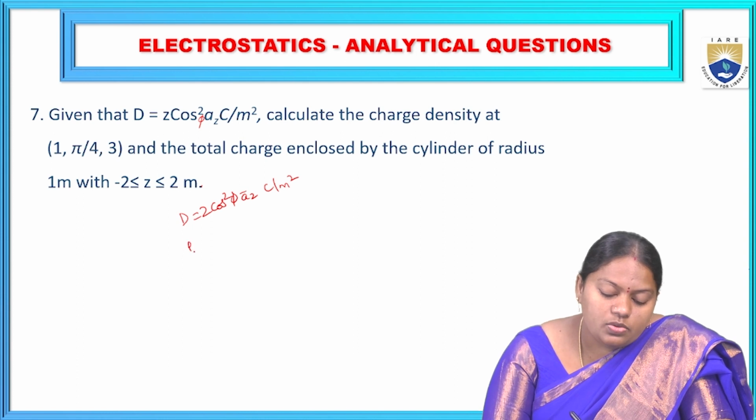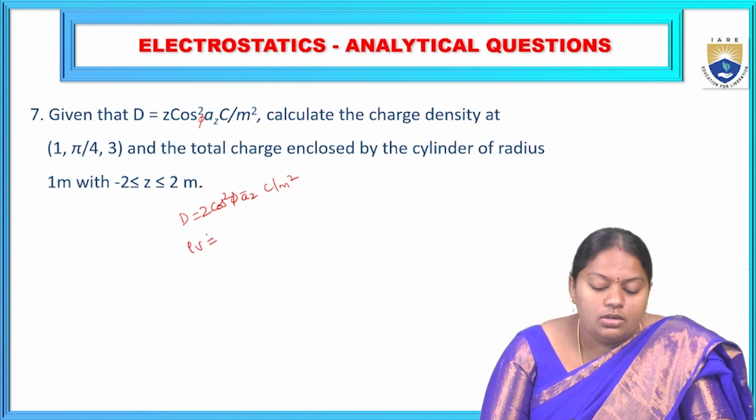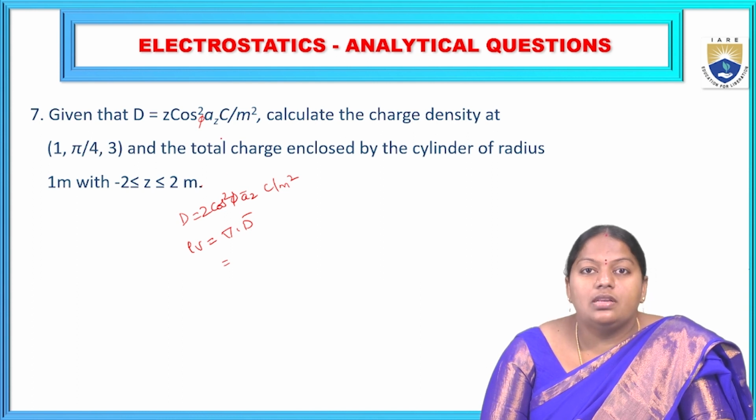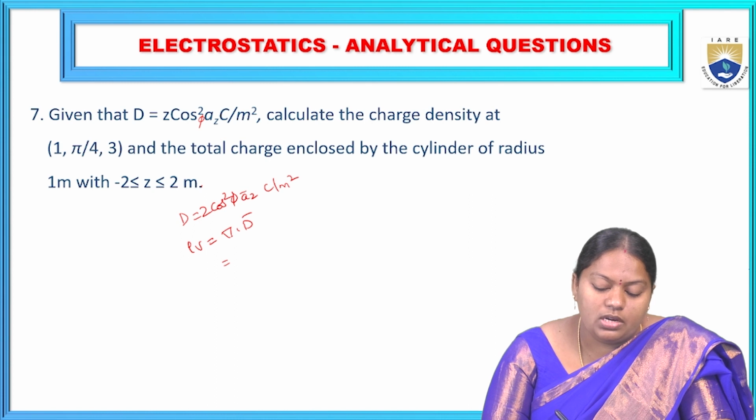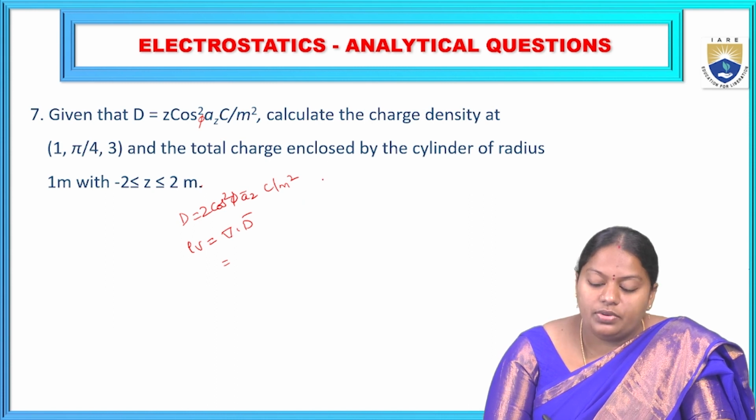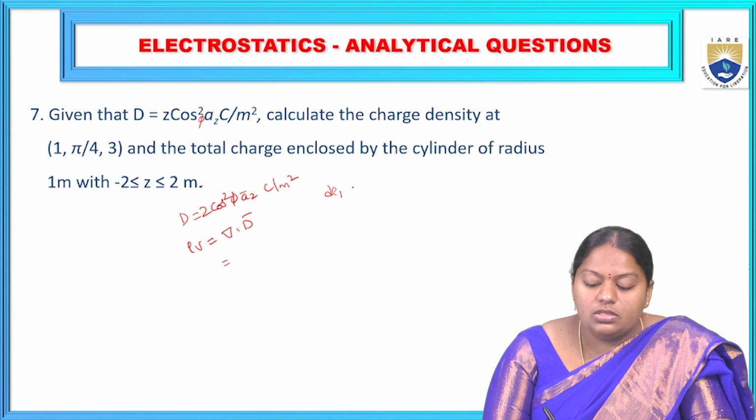There is a direct relation between the charge density and the flux density: rho v equal to del dot D bar. So the divergence is to be found, and rho, phi, z values are given, which means cylindrical coordinate system variables are given. Based upon that, we identify the differential components as d rho, rho d phi and dz.